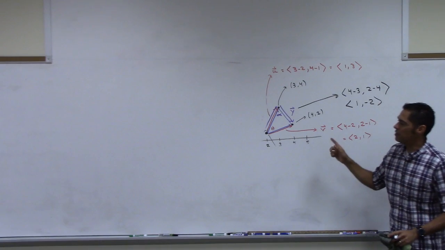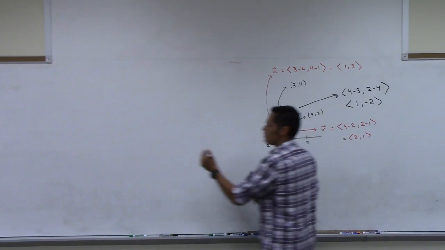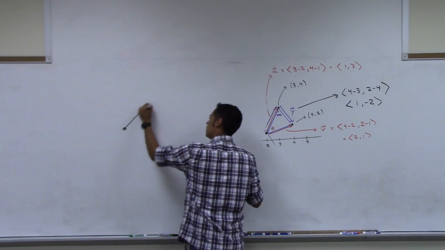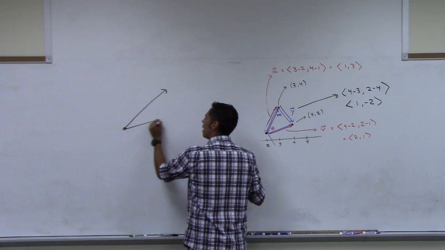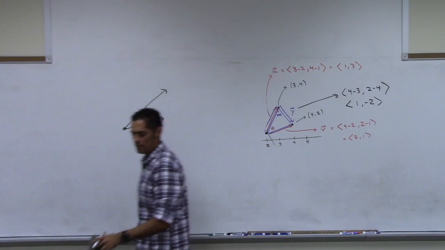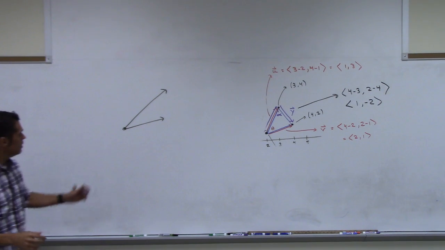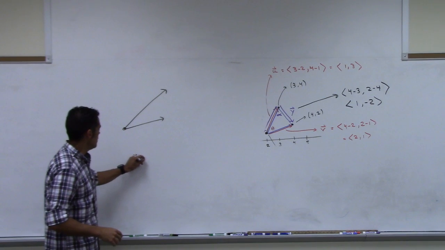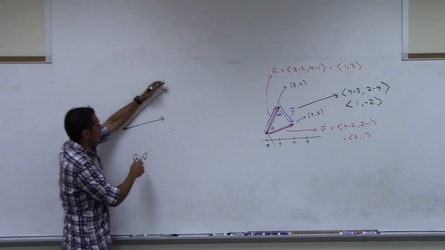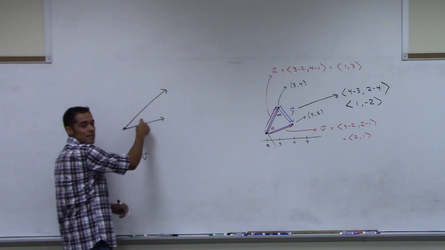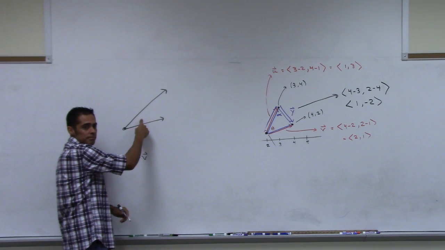While I've got you here thinking about this, let's say we have two vectors like that, okay? I've already told you that the dot product of these two vectors is this length times cosine of the angle between them, right? Yes?